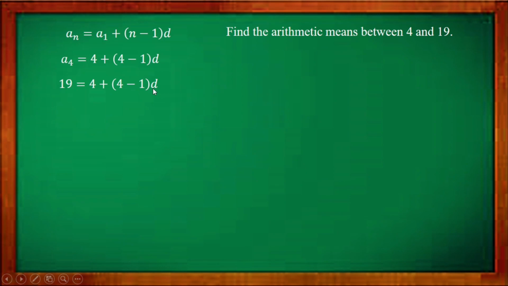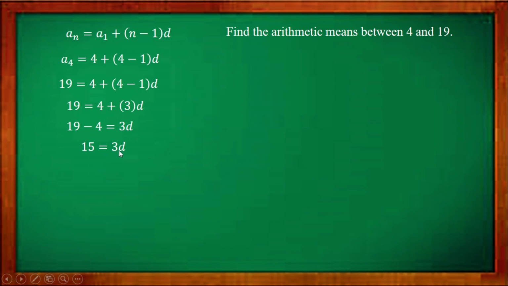Then after that, we simplify the expression inside the parentheses. So 4 minus 1 is 3. And then we combine like terms, and by doing that, we also apply the process of transposition. So from positive 4, we transpose to the other side. It became negative 4. Then we operate the constant terms. 19 minus 4 is 15.